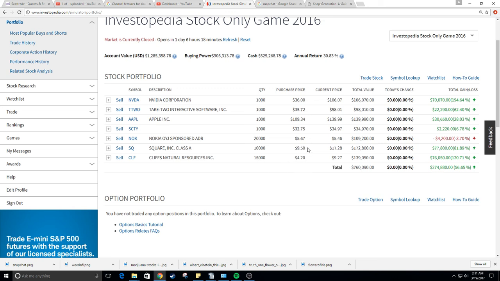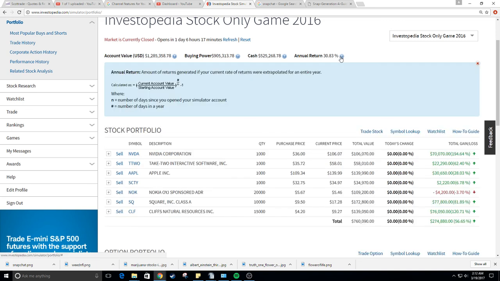So this was really good for me, because this affirms a lot of my theories in terms of whether a stock is good or not. I've earned $285,000 in a year on this simulated account.